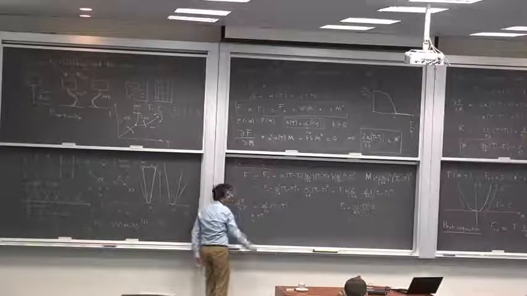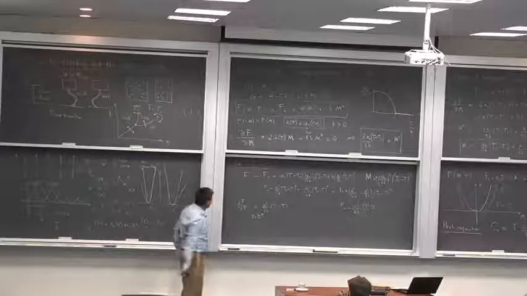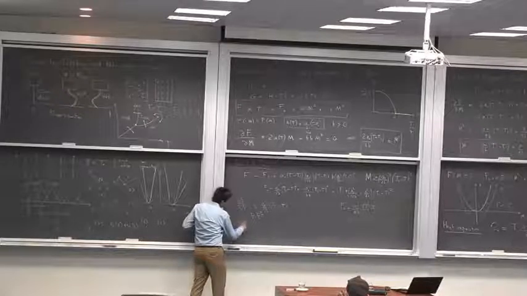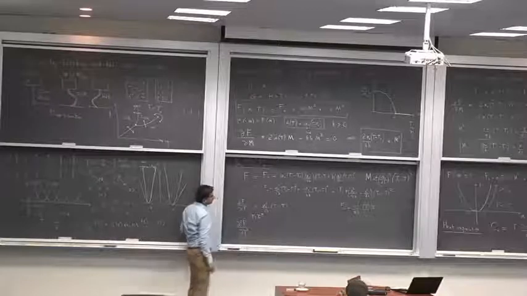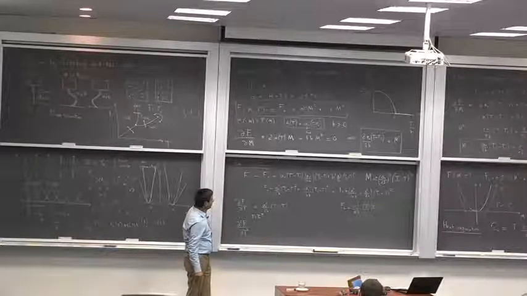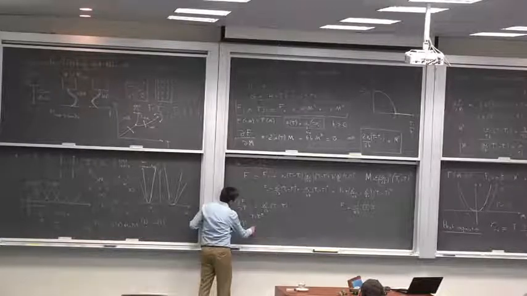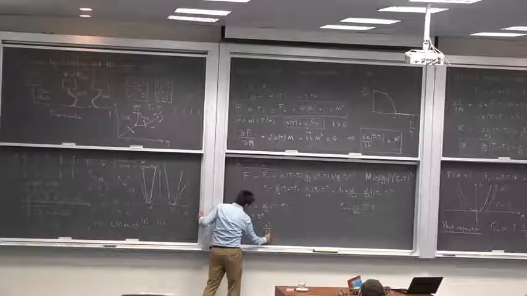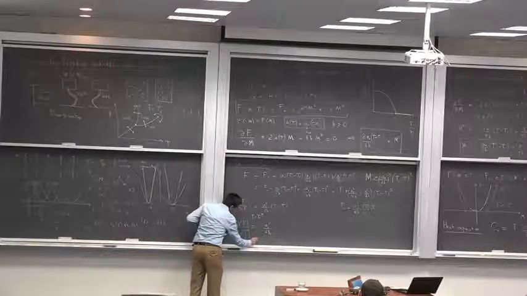Now, if I take the derivative of this again, then this equals minus A naught squared over 2b, at T just below the Curie point.